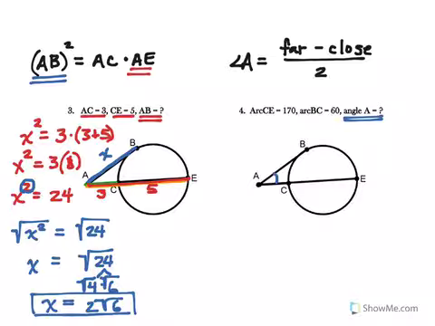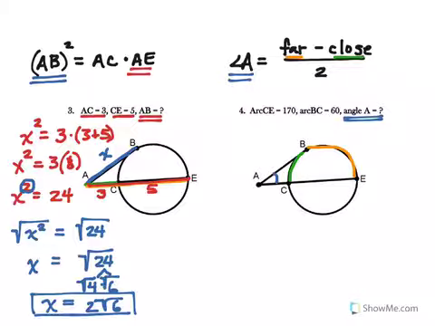So this formula says the angle between the tangent and the secant, which is angle A, has a relationship with this far arc, which is going to be B to E, and the relationship of the closer arc subtended there, which is B to C. And it says the far arc here minus the close arc divided by 2 is equal to my angle.